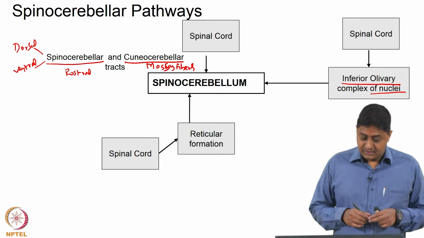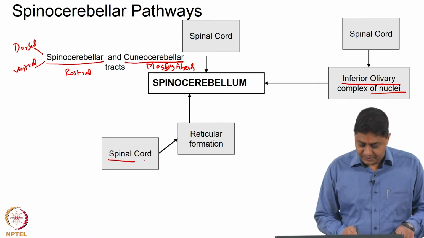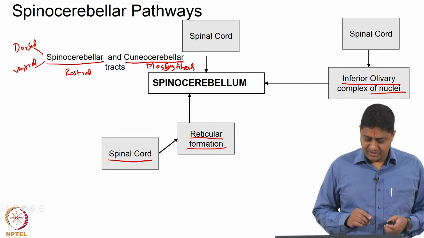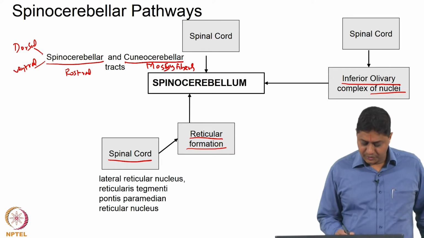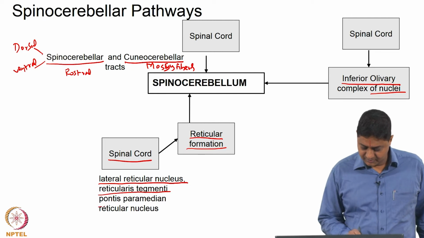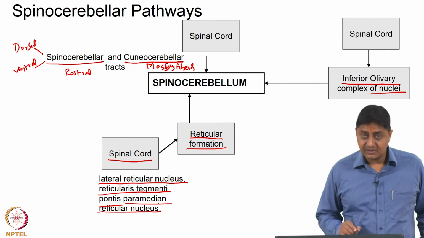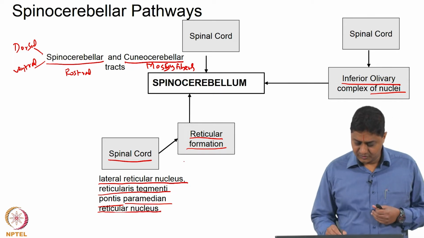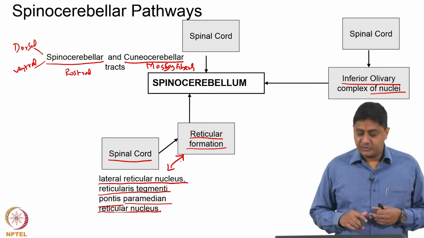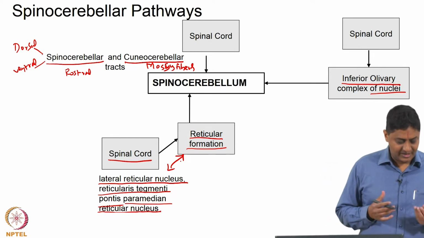Also spinal cord projects more indirectly via the reticular formation, where the following nuclei are involved: the lateral reticular nucleus, reticularis tegmenti pontis and paramedian reticular nucleus. So, there are 3 nuclei of the reticular formation through which it projects.